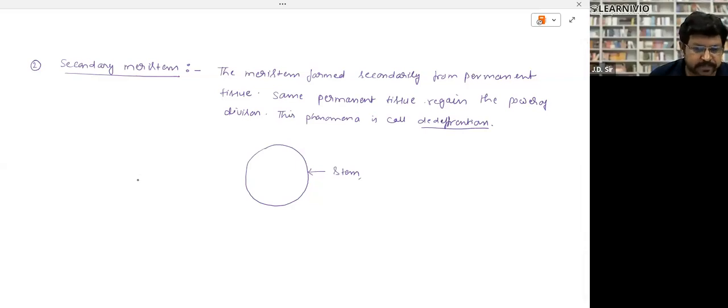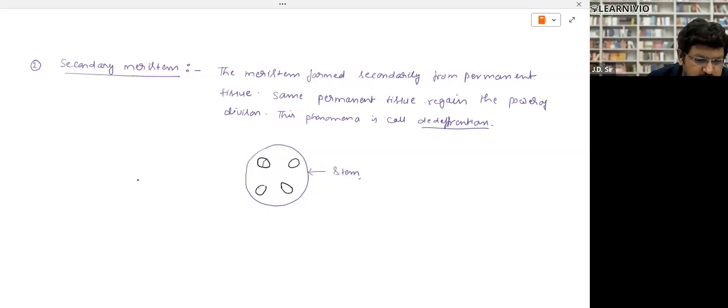This is the stem. Inside the stem, this is the vascular bundle.